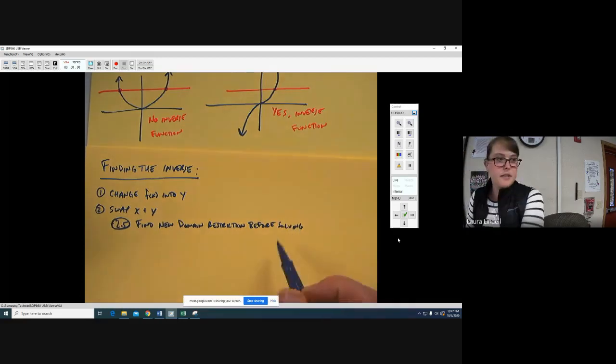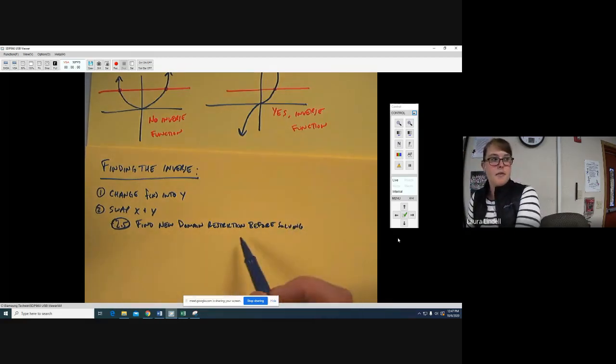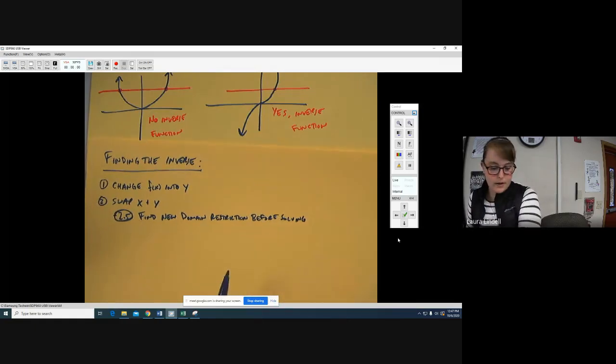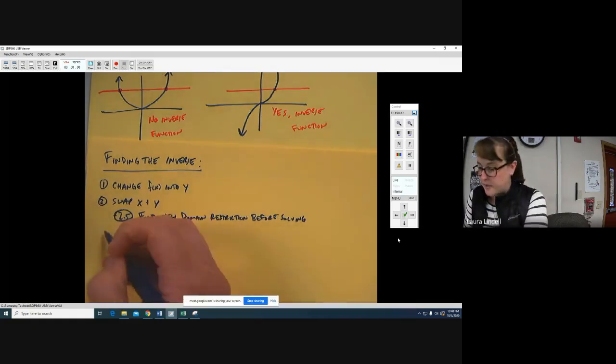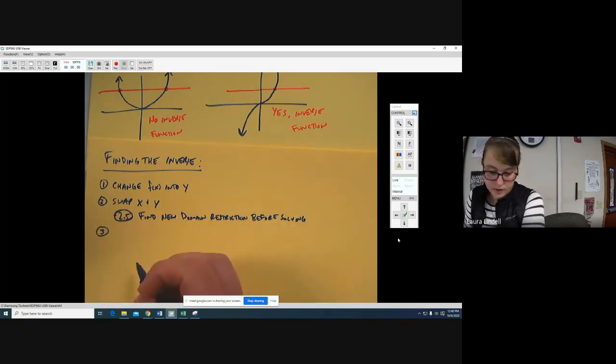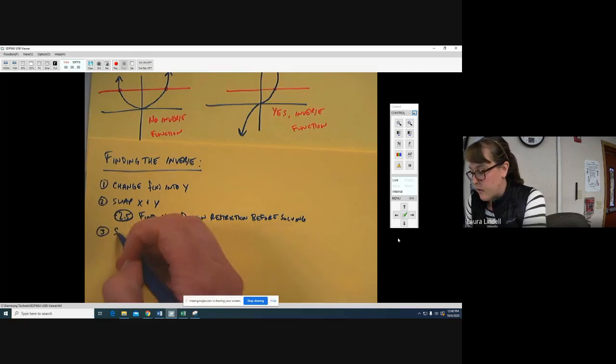Because that's the easiest place to do that, before you actually start solving for y. Because step 3 is to actually solve for y, because that'll give you the inverse function.